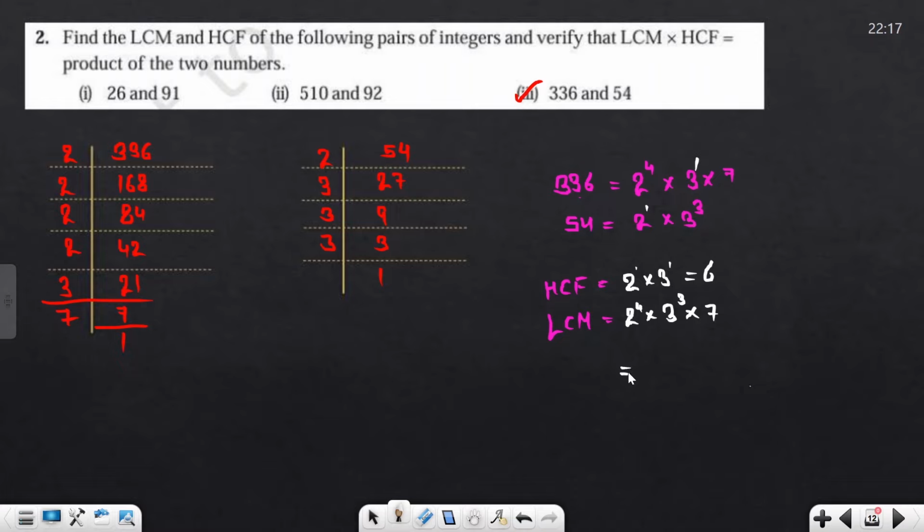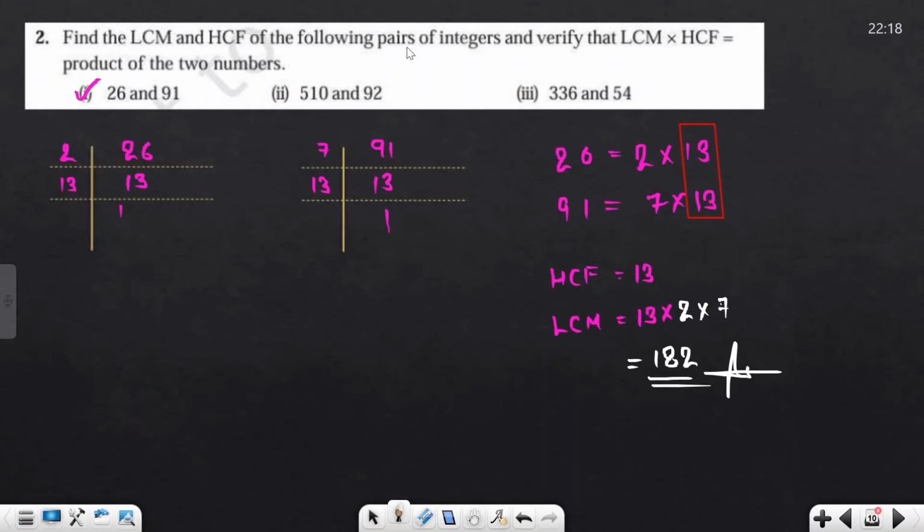Now multiply it and you get the answer. 2 power 4 means 16, and 3 power 3 means 27, multiplied with 7. What do we get? 3024. Okay, now I hope everyone understands how we find LCM and HCF in 2 questions.